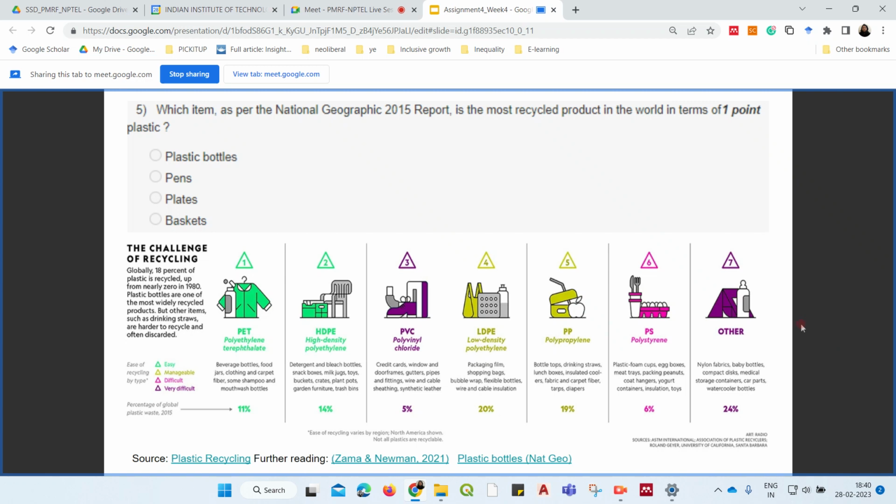Then there is polystyrene, so plastic foam, cups, egg boxes, meat trays, packing peanuts, coat hangers.